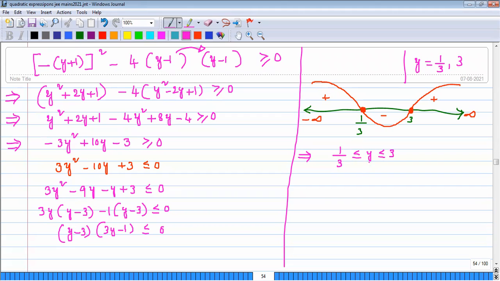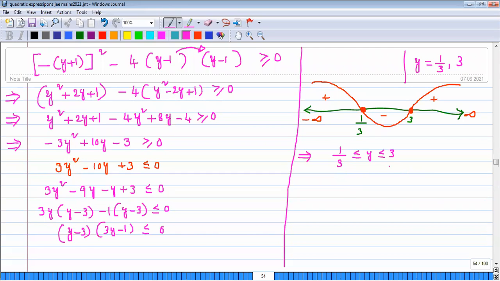So this means y, which is nothing but x square plus x plus 1 by x square minus x plus 1, lies between 1 by 3 comma 3. The 1 by 3 is called the minimum value, 3 is called the maximum value. Range is nothing but the minimum to maximum value of y. So range is closed bracket 1 by 3 comma 3.